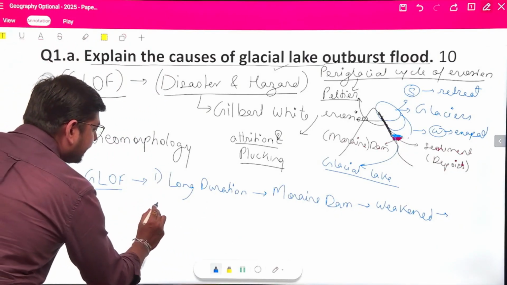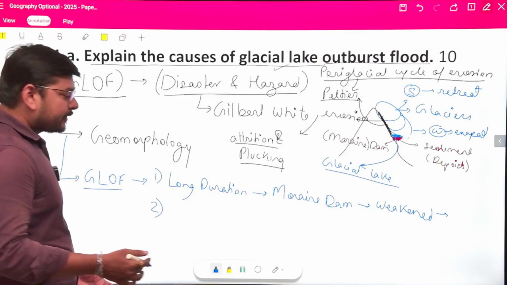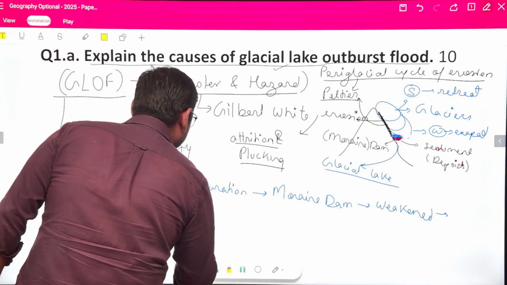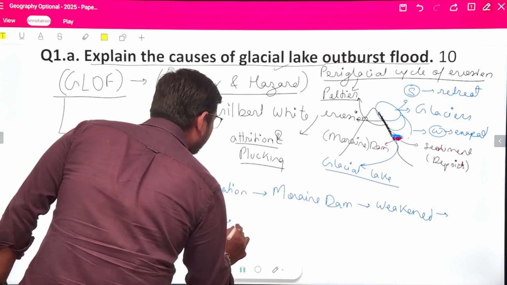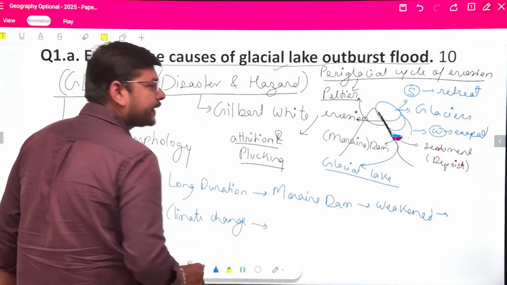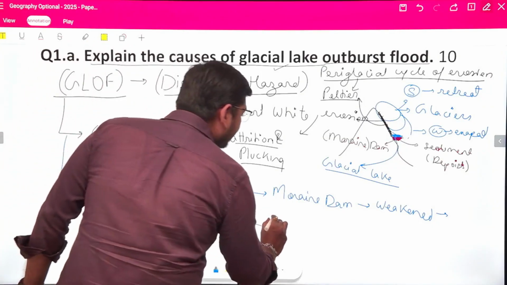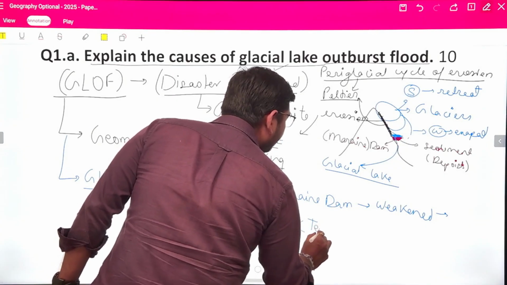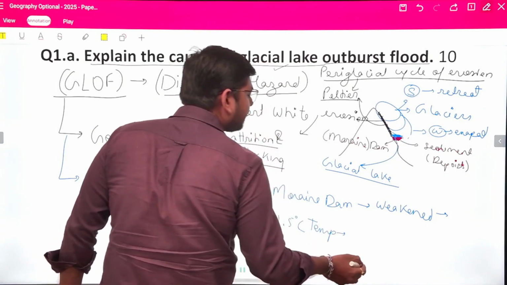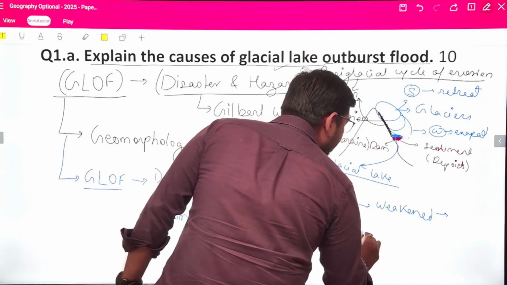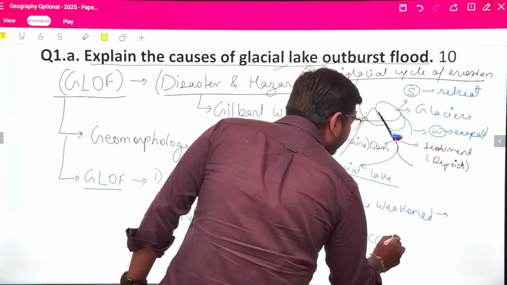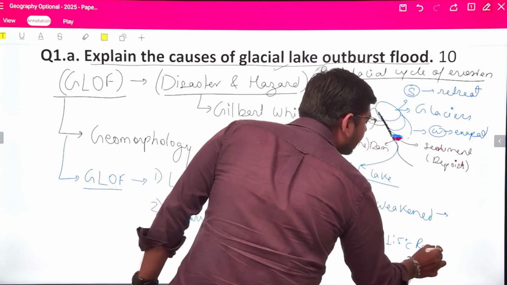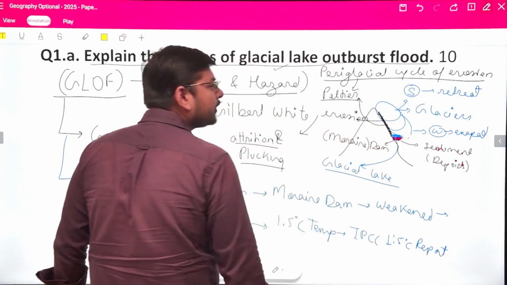Second thing, because of climate change, in contemporary times we are seeing that a 1.5 degrees Celsius rise in temperature has already taken place, as given by the IPCC 1.5 degrees Celsius report, which is a special report on global warming.